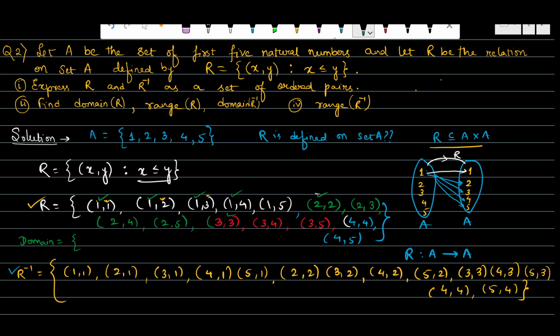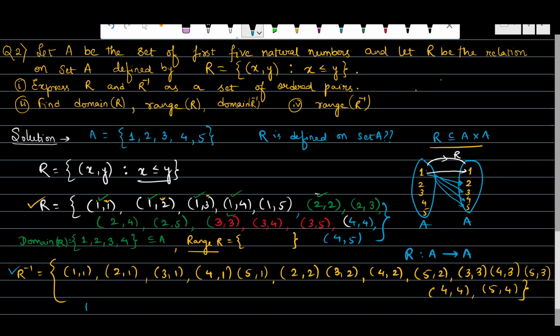So domain of R is 1, 2, 3 and 4. This is the domain of R, which is a subset of set A. Similarly, you may find the range of R. Comment below the range of R.